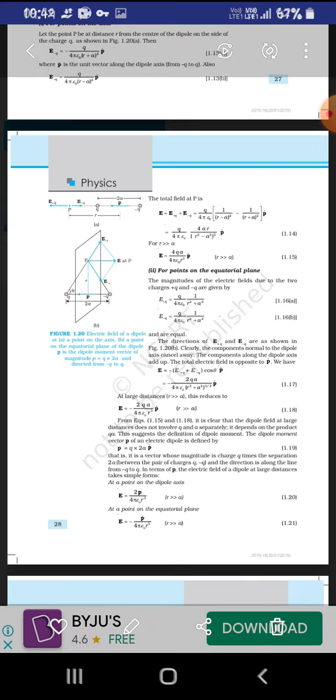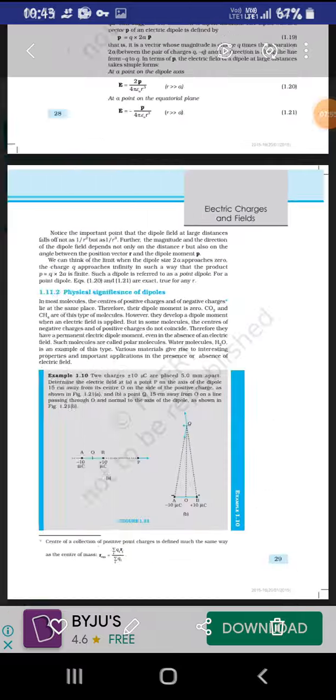For points on the equatorial plane, E is equal to q by 4 pi epsilon zero into 1 by (r squared plus a squared), so E is equal to 2 q a by 4 pi epsilon zero r cubed, opposite to the direction of p. As I explained in the last video, E is equal to minus p by 4 pi epsilon zero r cubed. This is the physical significance of the dipole.